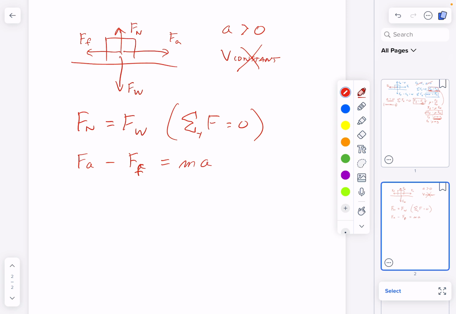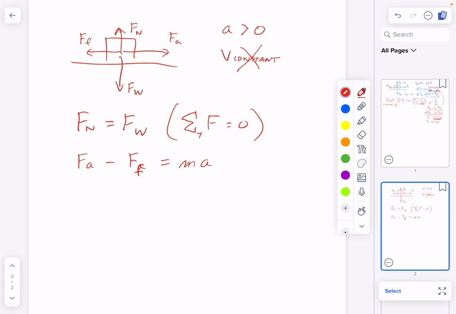Remember Newton's second law, F equals ma. It takes an unbalanced force to accelerate an object. Otherwise, it's going to keep moving or stay stationary in whatever state it's in without that unbalanced force.